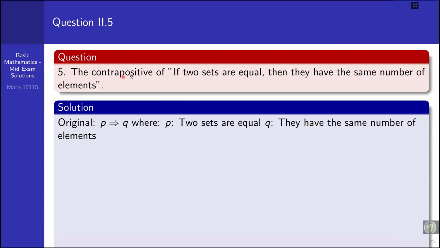We know that the contrapositive of a logical implication P implies Q is obtained by interchanging and taking the negation of the component statements.